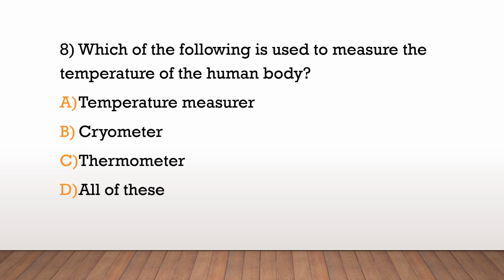But to measure the temperature of human body, we use thermometer. Cryometer also measures the temperature, but at the lower degree, that is negative. It is used mainly in polar regions and it is not used to measure the temperature of human body. So the only option is thermometer.